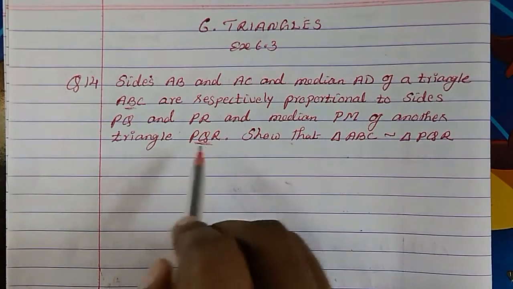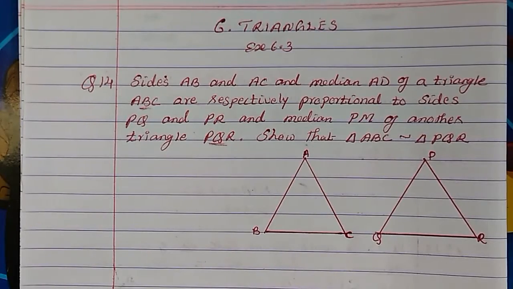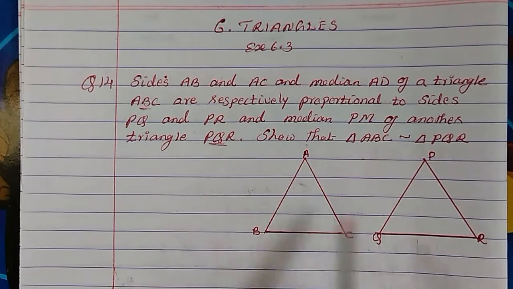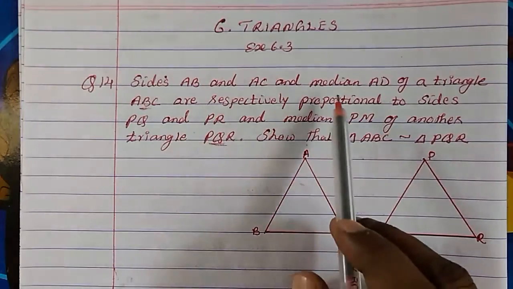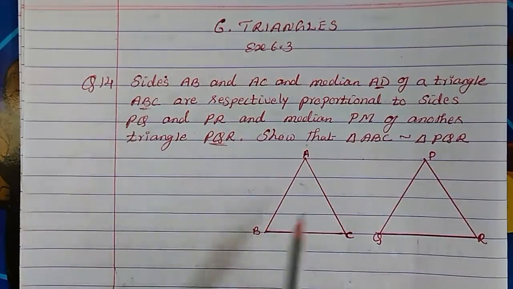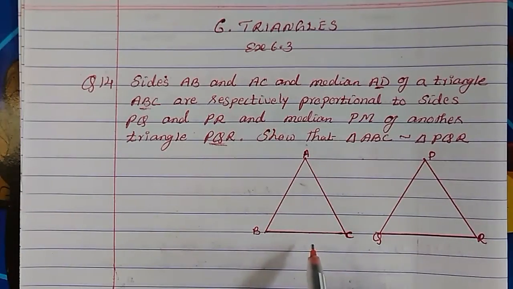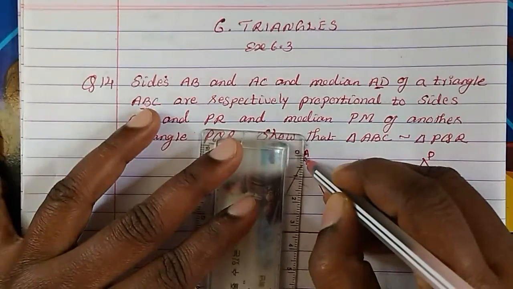So let us draw these two triangles first. So we have drawn the two triangles ABC and PQR. Now here it is said AB, AC and median AD of a triangle ABC. So here there is a median, so let us draw the median also.